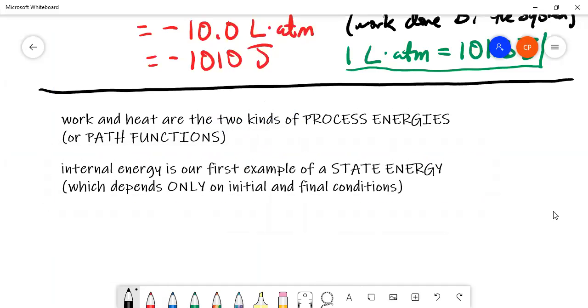It is very much possible for something to possess an amount of internal energy. If I have some amount of internal energy finally, subtract some amount of internal energy initially, I have a difference in internal energy.